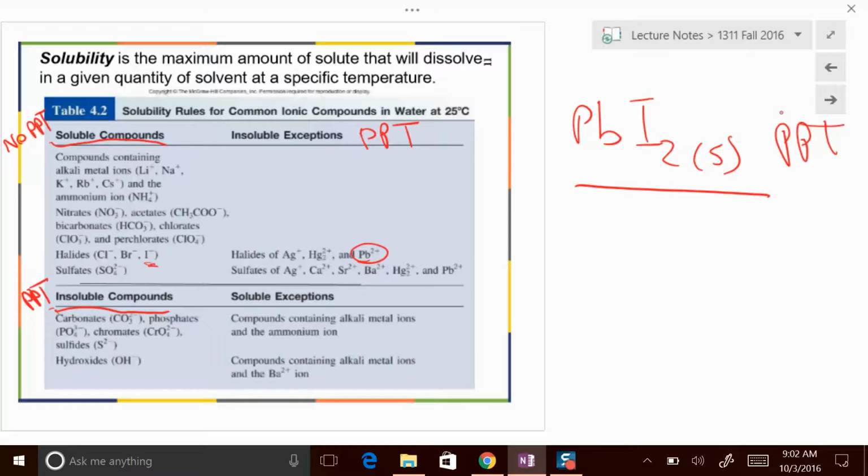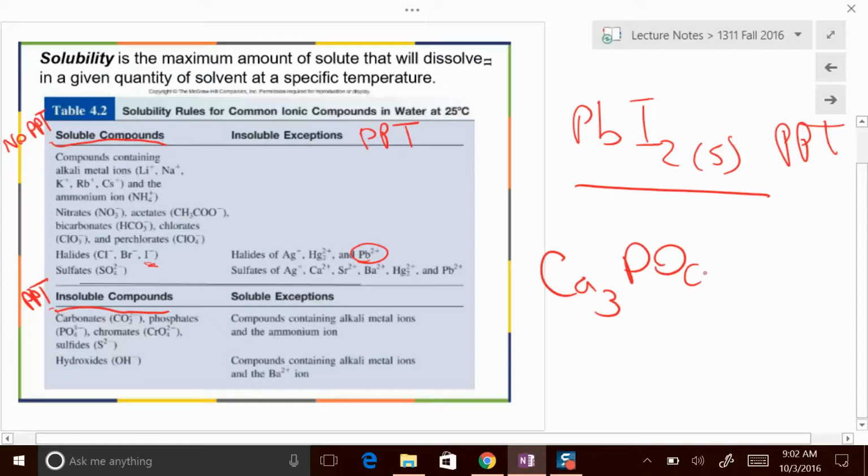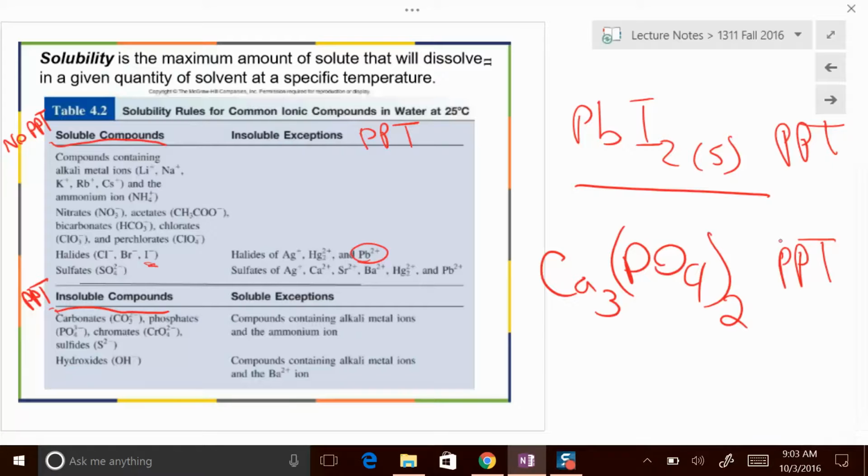Calcium phosphate. That's one we just did, right? Calcium phosphate. Phosphates are what? Phosphates are insoluble. So calcium phosphate is a precipitate. Well, we better check, because look over here at the soluble exceptions to that. What are the exceptions to the insolubility of phosphates?